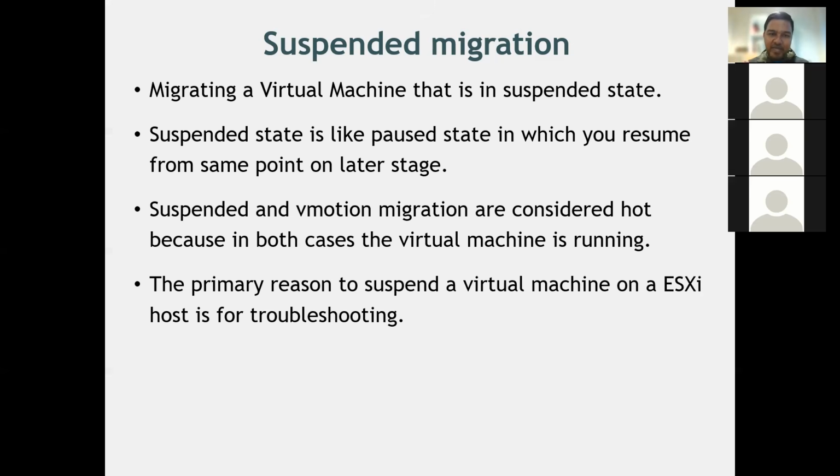It may be that there is a hardware issue or a software issue. So this suspended migration is used basically for the technical team to migrate the thing and find out what problem is there in another VM server.